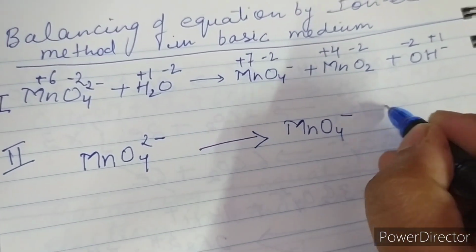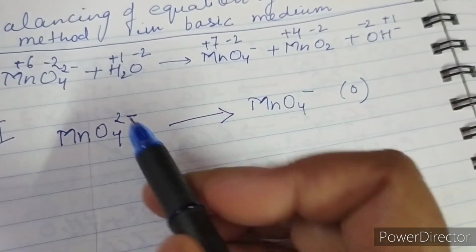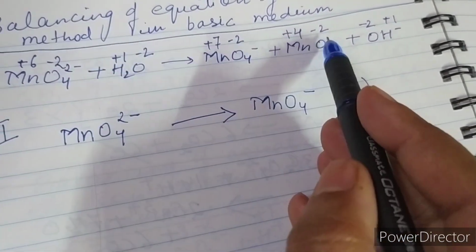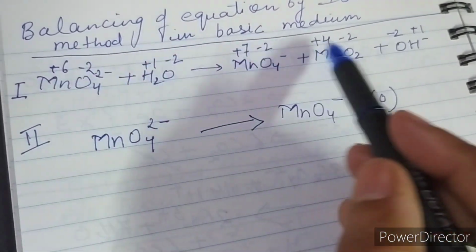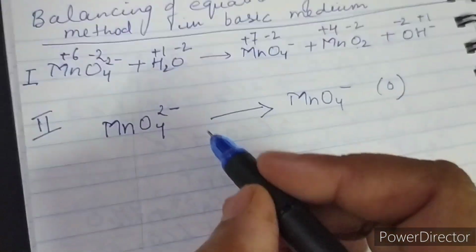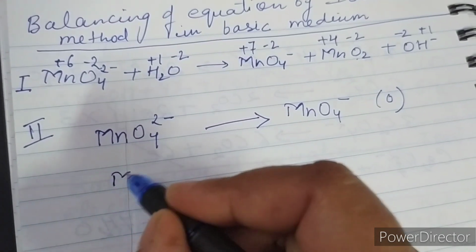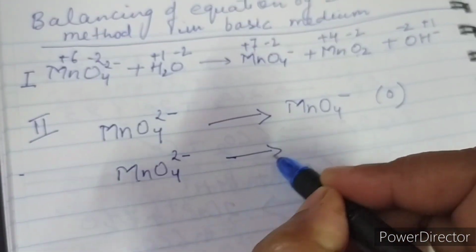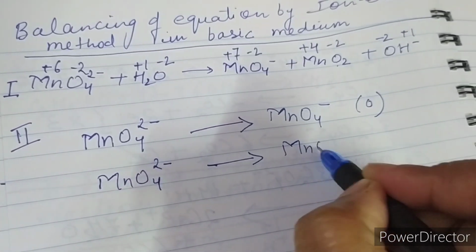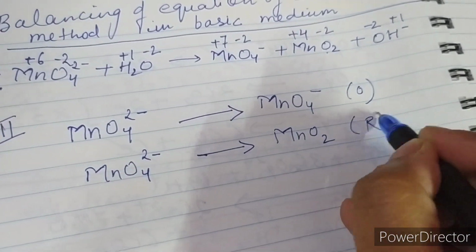And the reduction half reaction is MnO4 2 negative being converted into MnO2, in which the manganese oxidation state changes from plus 6 to plus 4. So here we will write MnO4 2 negative will give you MnO2. This is the reduction half reaction.